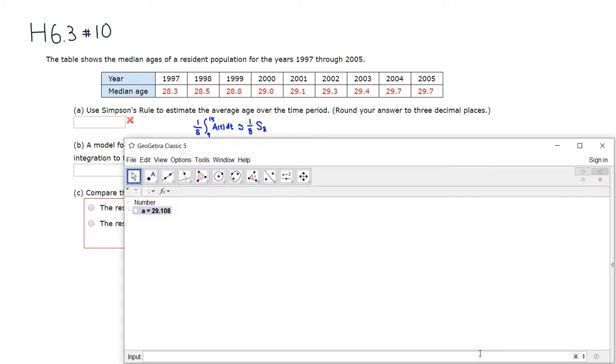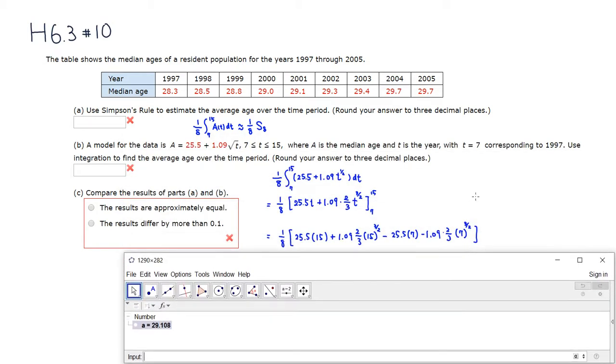I'm going to open up GeoGebra and make it a little bit smaller.